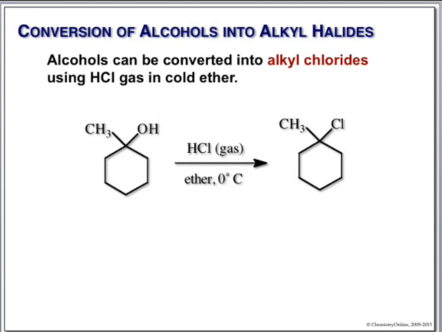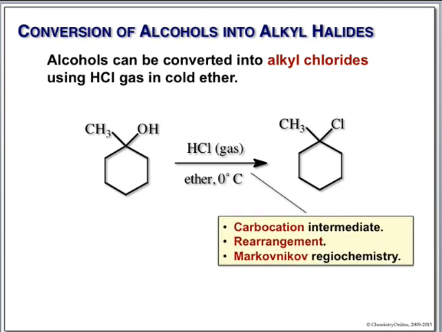We can convert an alcohol into an alkyl halide. For this particular reaction we use HCl gas and ether. Basically, we're going to protonate our leaving group here. Chloride is going to be our nucleophile, and we can form our alkyl halide.